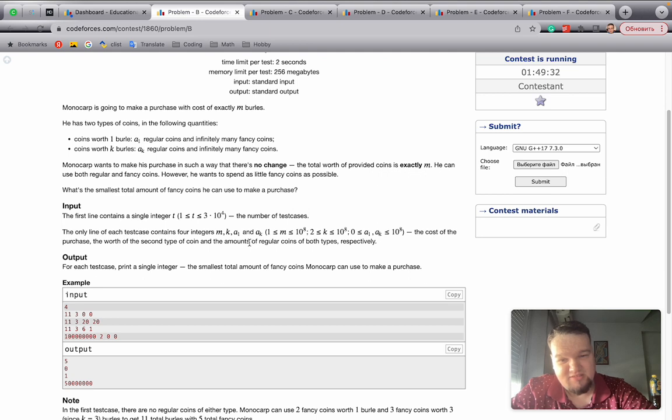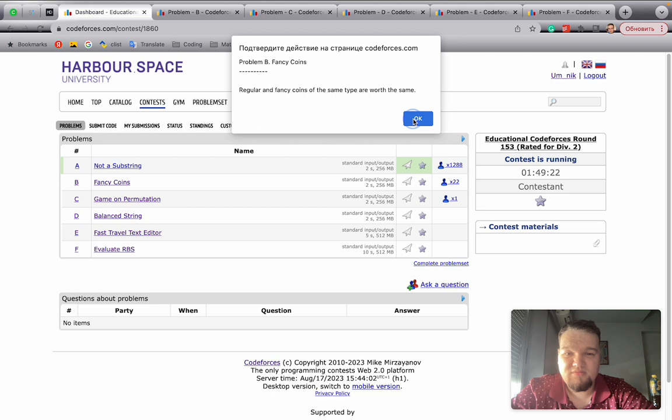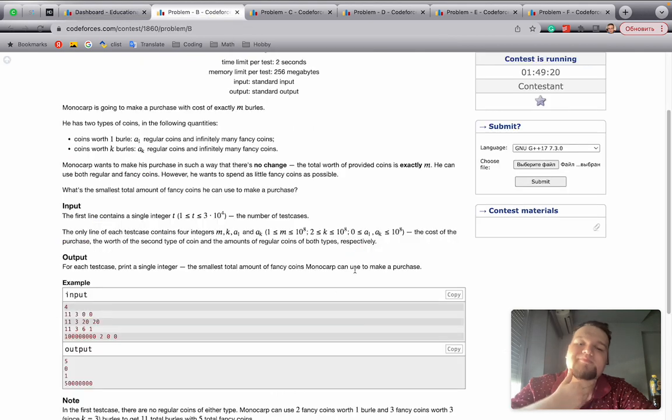So if we fix the number of coins worth K to be something, then we know how many coins worth 1 we should use, and then obviously we want to first spend regular coins, then spend fancy coins.